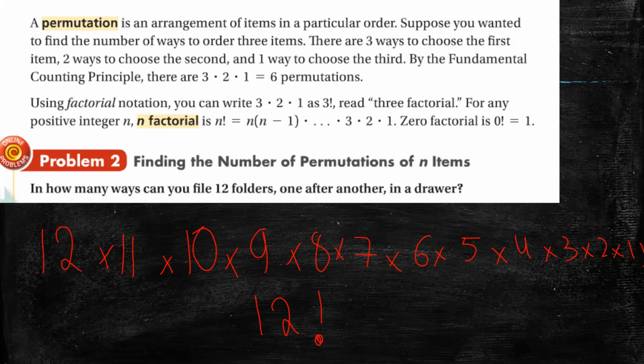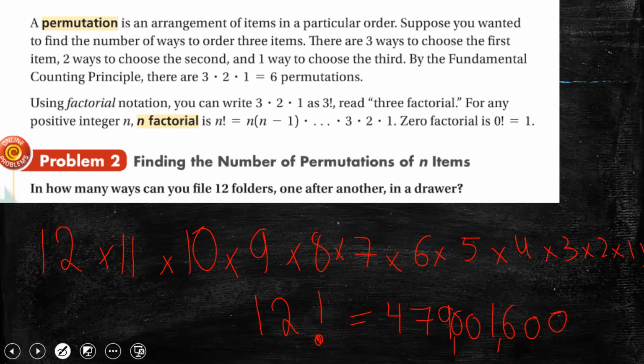You can write 12 factorial and you will get the answer. Without multiplying 12 times 11 times 10 times 9, you will find that you have 479 million, or approximately 479 million ways to order these folders.